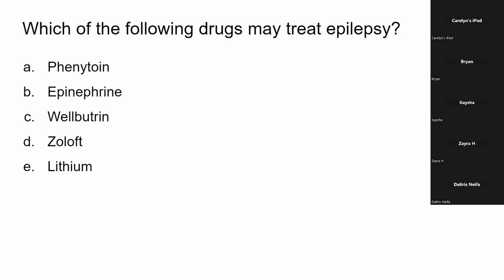What are we thinking? Okay, well, what can we eliminate right off the bat? Wellbutrin and Zoloft, right? Wellbutrin, you can never give to people with epilepsy because it can cause seizures. E is used to treat bipolar disorder. Yeah, so lithium is used to treat bipolar and mood disorders. So I guess that brings us down to A or B, right?